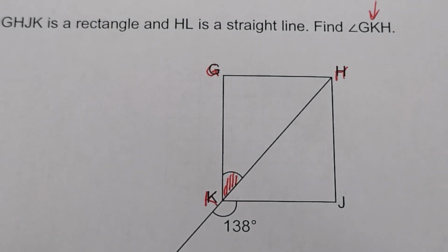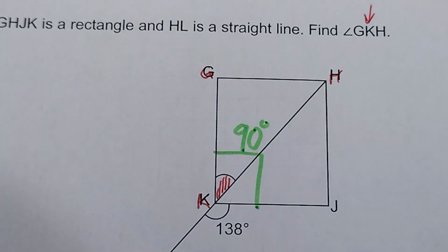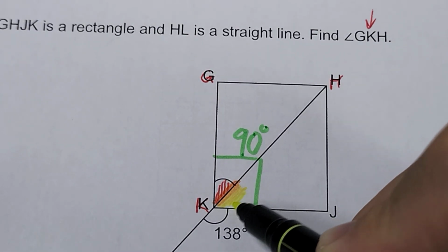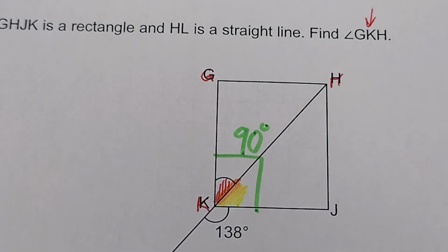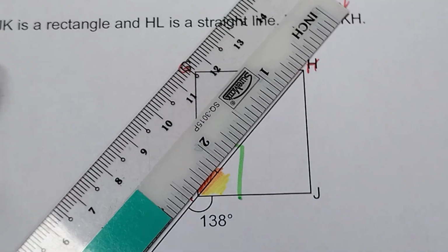Now I know this whole thing here is 90 degrees. If I know what this yellow angle is, I can find out what the red angle is. I'm going to use a ruler. So if I cover this, you will see a straight line.